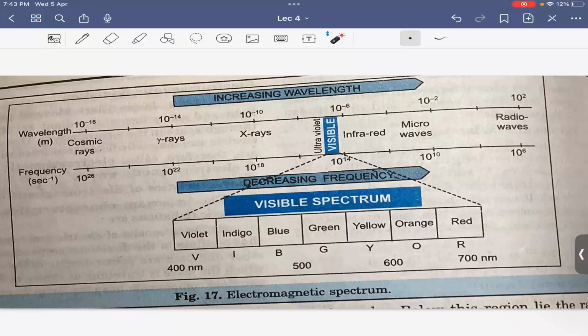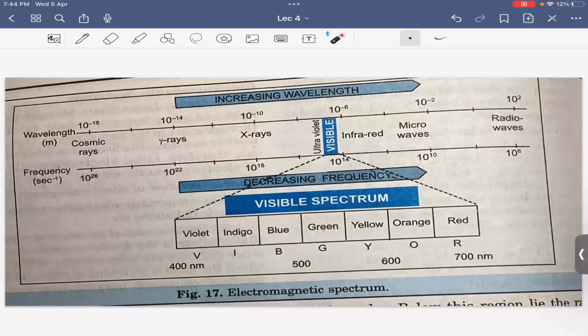The different types of radiations are arranged in decreasing order of frequency or increasing order of wavelength as cosmic rays, then gamma rays, then X-rays, then ultraviolet radiation, then visible radiations, infrared radiations, microwaves, and finally radio waves.